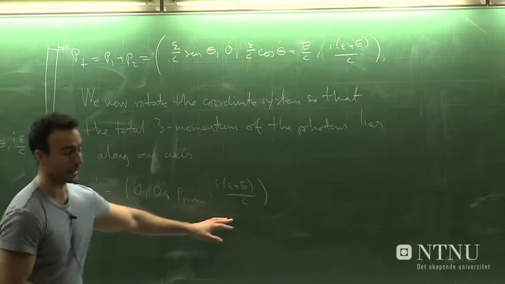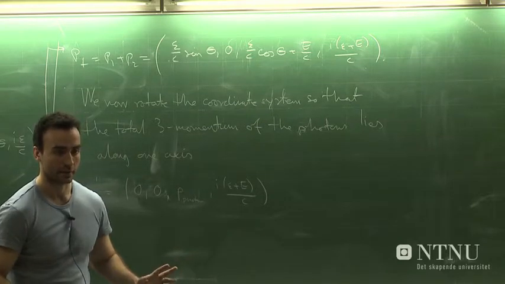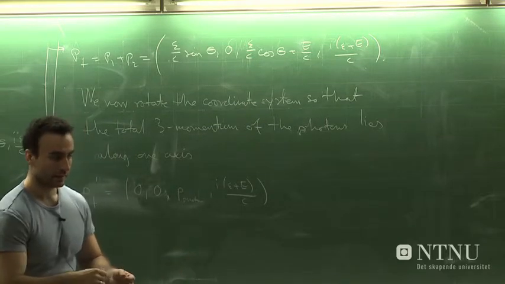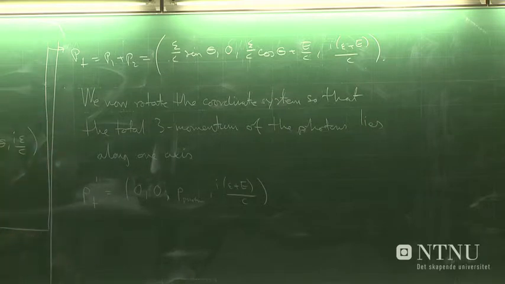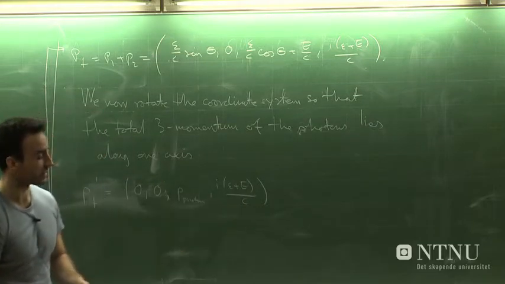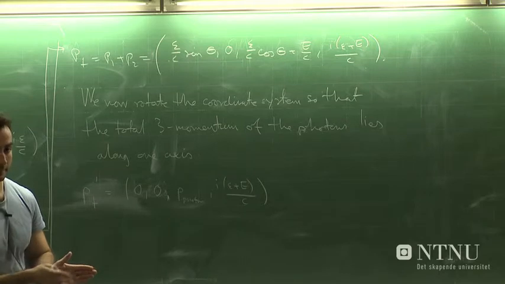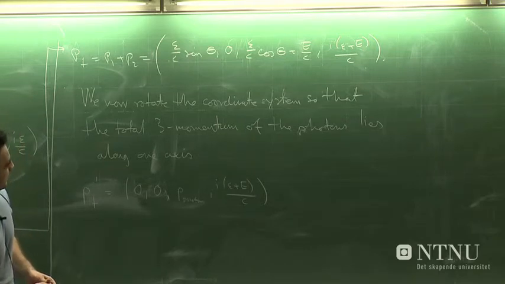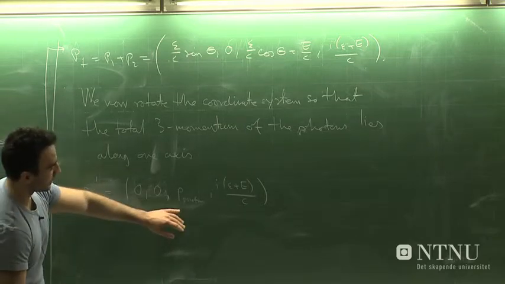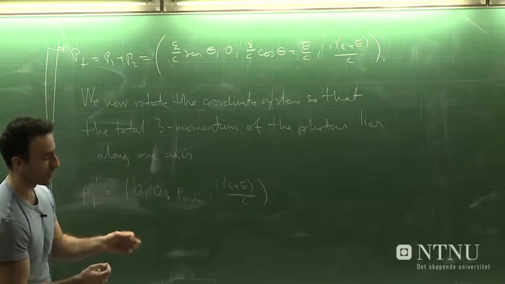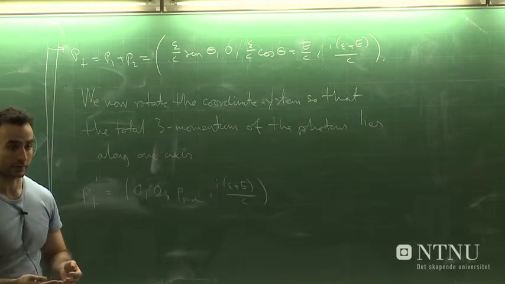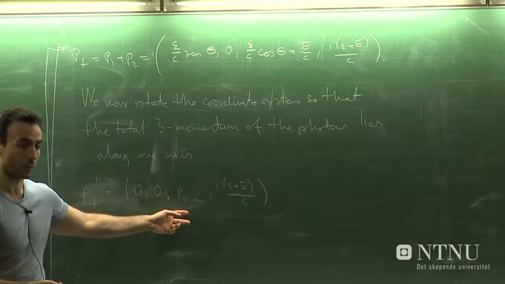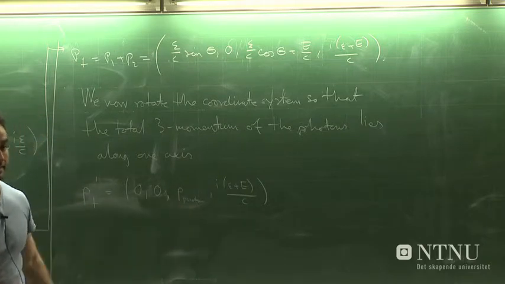So the energy remains unchanged. I'm not changing to an inertial frame which is moving compared to my original one, in which case I couldn't leave this last coordinate unchanged. I'm just rotating it spatially. So I assume that I've rotated it so that the total combined three momentum of the photons is now directed along the z-axis. So the question is now, what is p photon in this system?